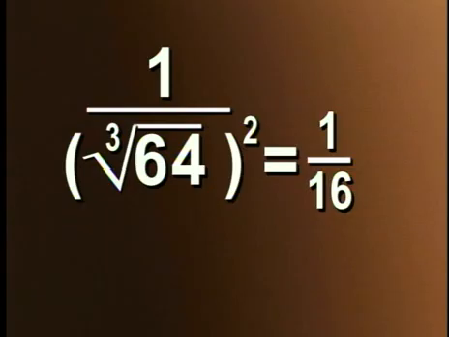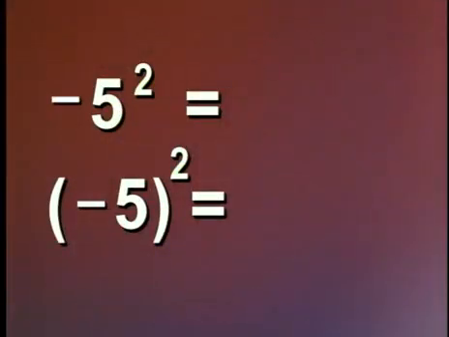Well, as you can see, the cube root of 64 is 4, because 4 cubed is 64, and 4 squared is 16. So the answer is 1/16. Okay? So we can see that the negative fractional power is simply the reciprocal, and then we apply our knowledge of fractional powers, the numerator being the power, the denominator being the root.